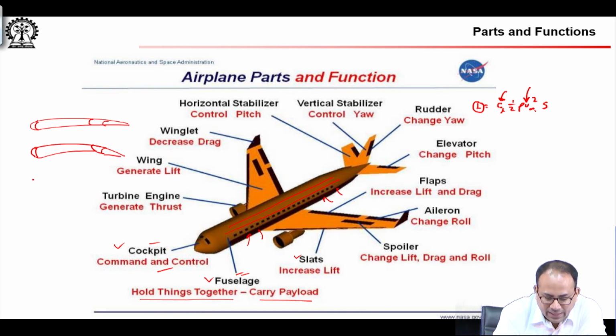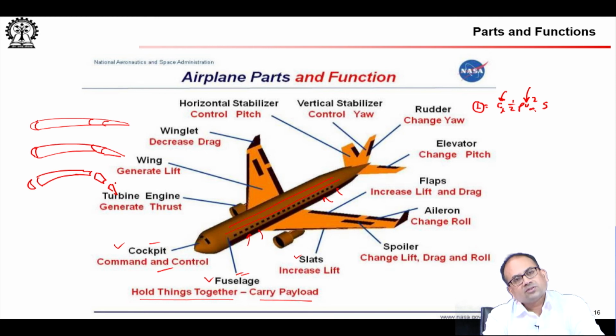And at landing you have something of that sort.